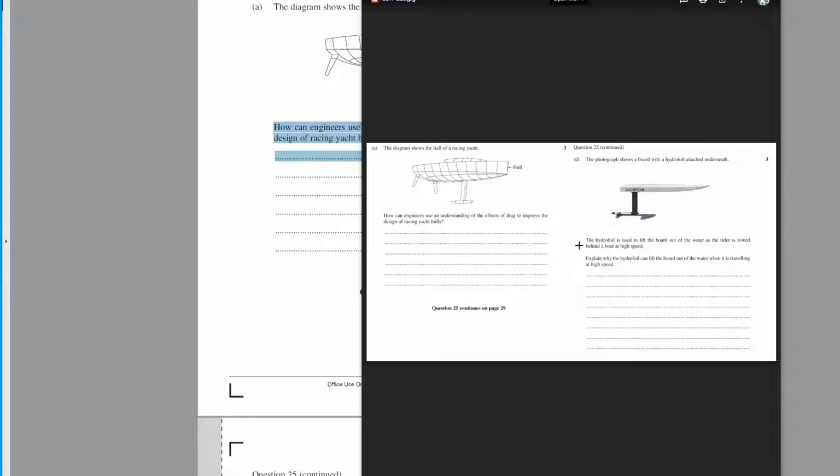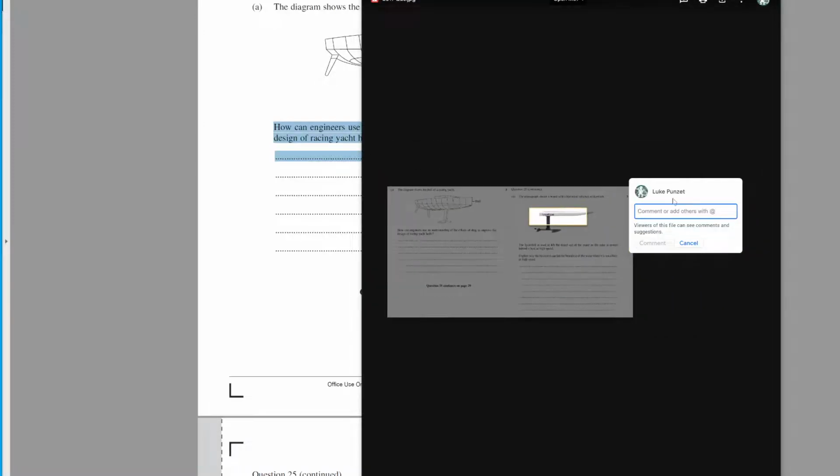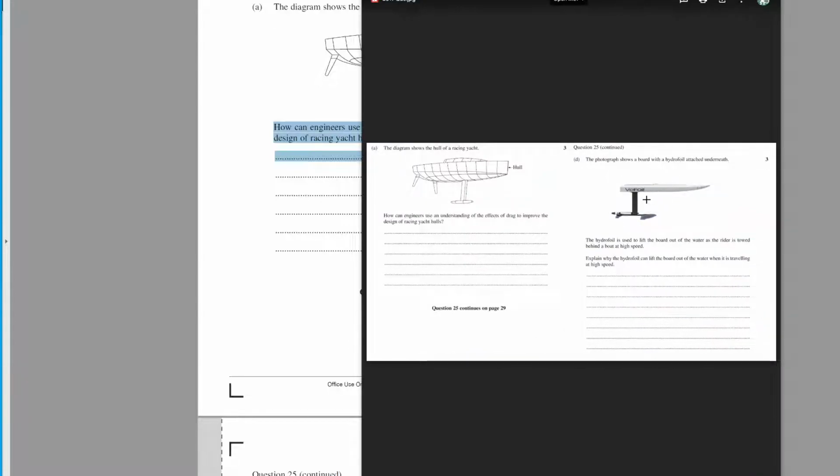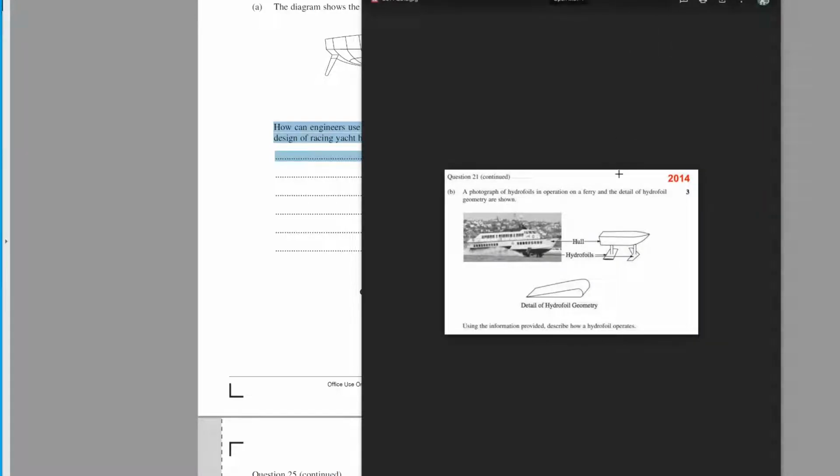Okay, here's that question. In the picture we're going to see, these boards actually come out of the water because we generate enough lift. We have questions where a catamaran also has a hydrofoil, and the idea is that by generating lift it reduces the drag on the yacht.